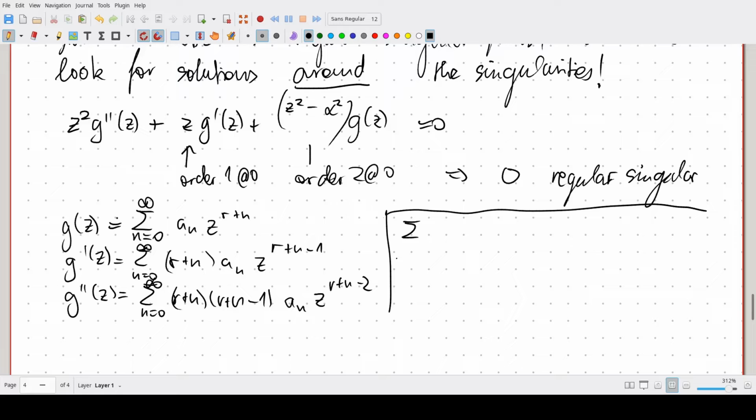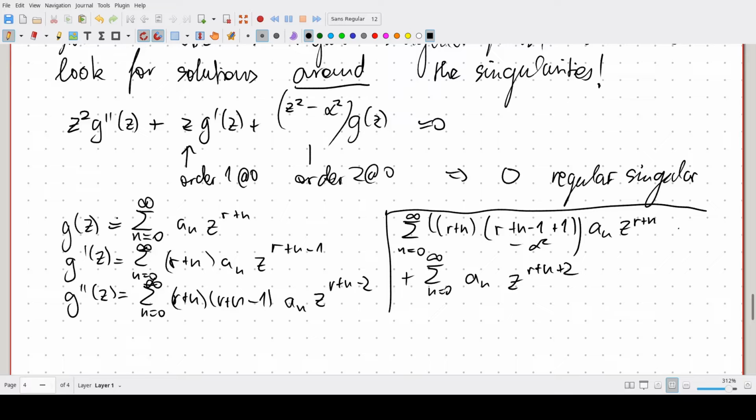So we end up with the sum n from 0 to infinity of (r plus n)(r plus n minus 1 plus 1), so r plus n minus 1 from here, 1 from here, times an z to the r plus n. And then maybe also minus alpha squared from the constant term, plus, and now we have our only contribution with shifted stuff, which is this.